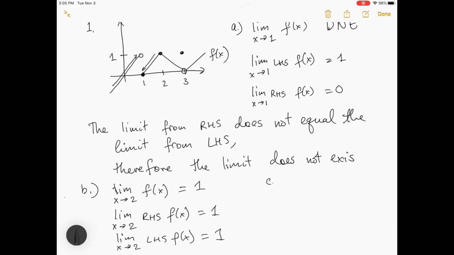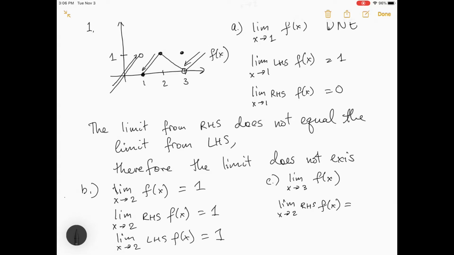Now I will look at point x equal to 3. So here the limit as x goes to 3 of f of x. I will use the same technique where I'm looking at the limit from the right-hand side and left-hand side. We see that the limit from the right-hand side approaches value 0.